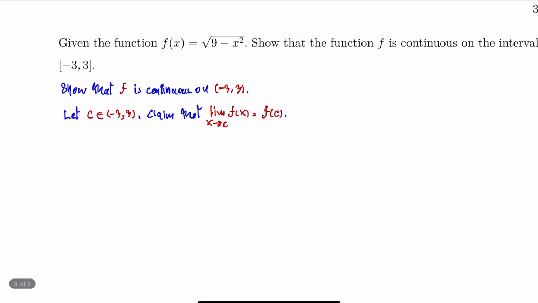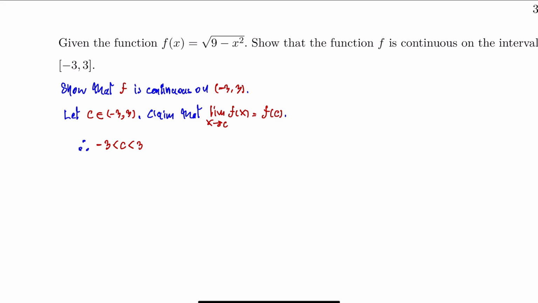Now we have c in this open interval, so that means c is greater than -3 and less than 3. And we want to show that when x is c, which is in this interval, we can have f(c).